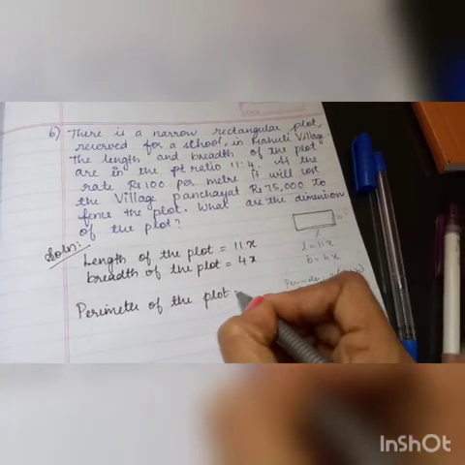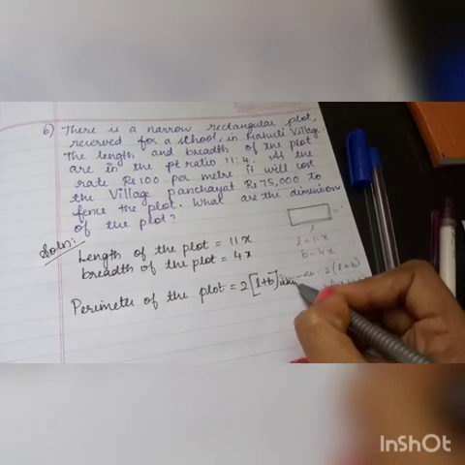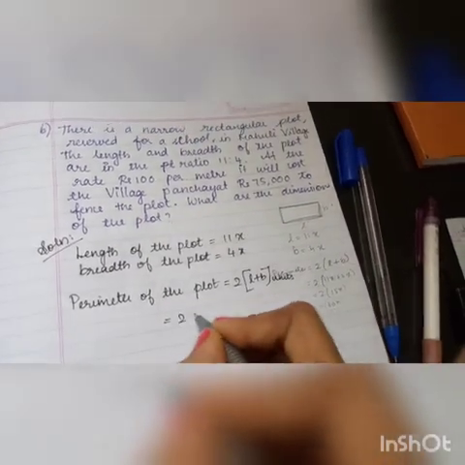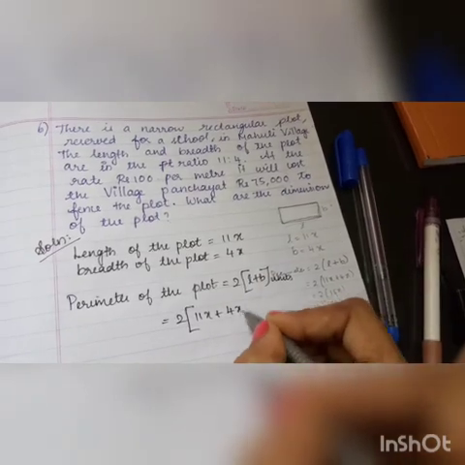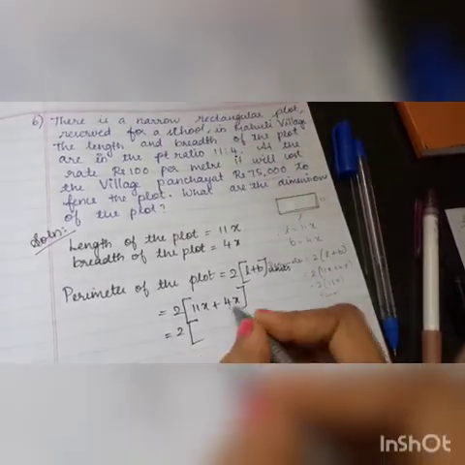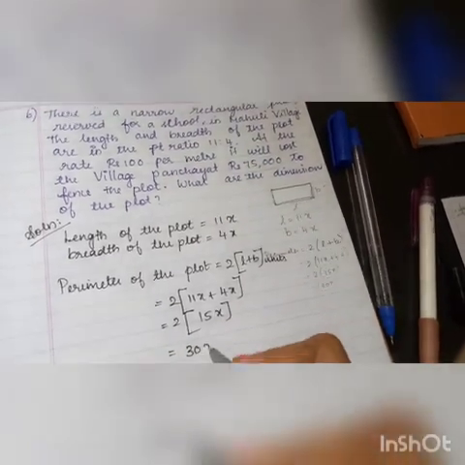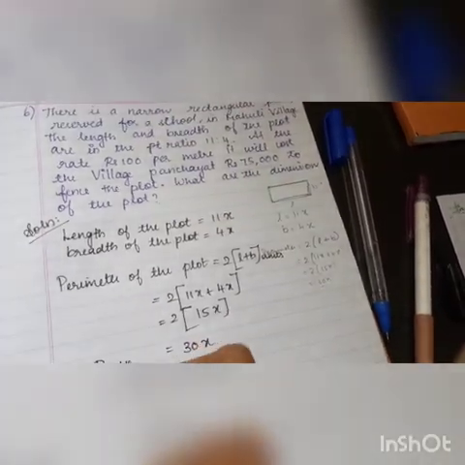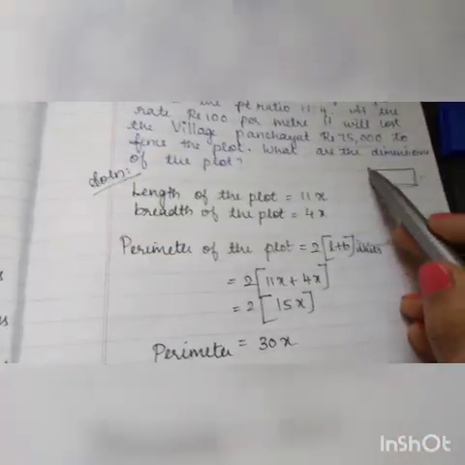Perimeter of the plot is 2 into L plus B units. 2 into L, which is 11x, plus breadth, which is 4x. 11 plus 4 is 15x. 15 into 2 is 30x. So our perimeter is 30x. Perimeter is actually one round; one fencing is called the perimeter.